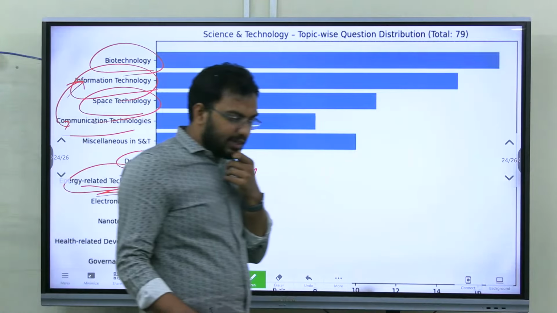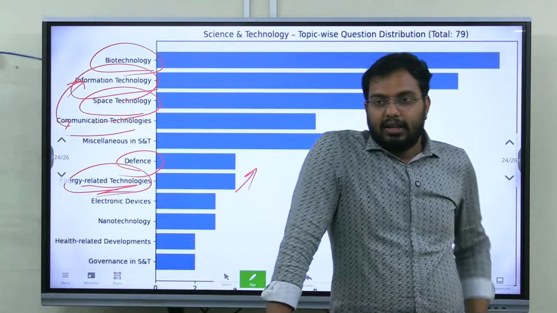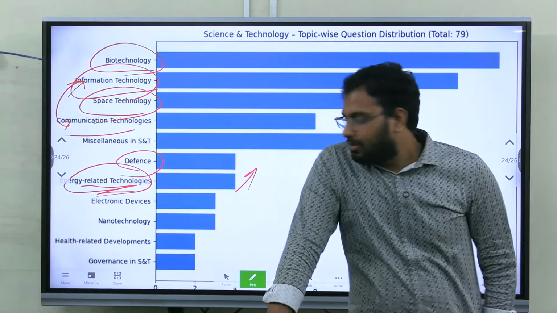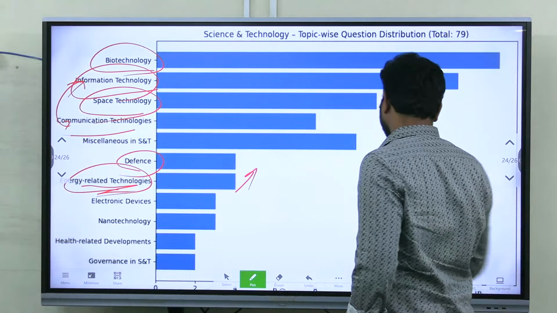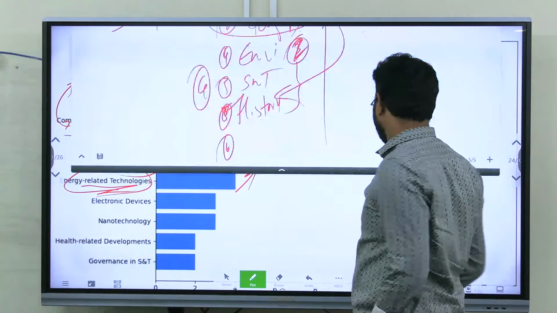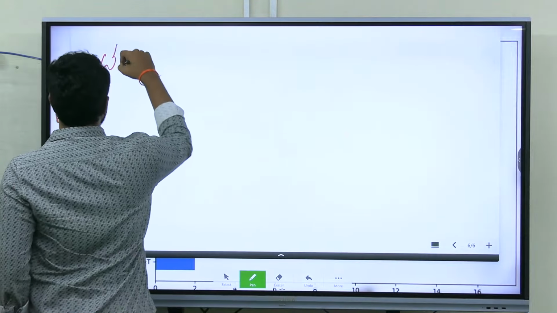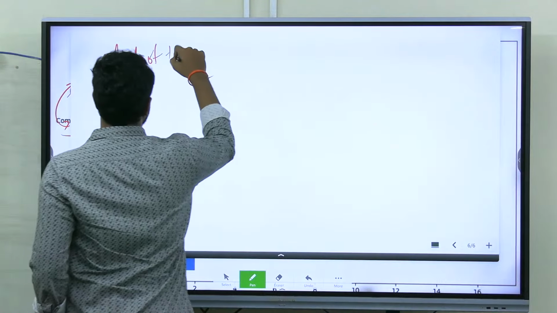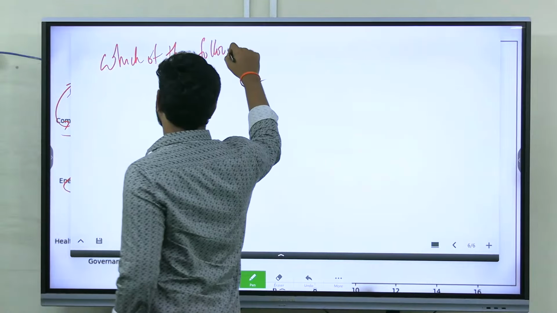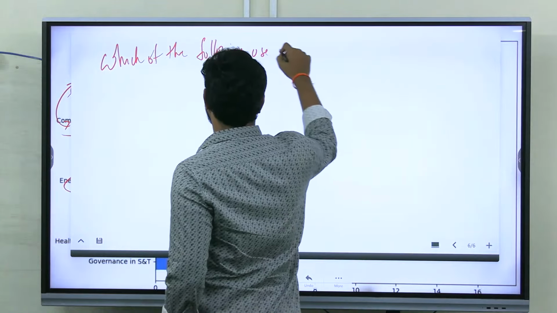For example, earlier in science and tech they used to put all the answers. For example, if I give one question, which is a 2025 question: which of the following uses niobium?